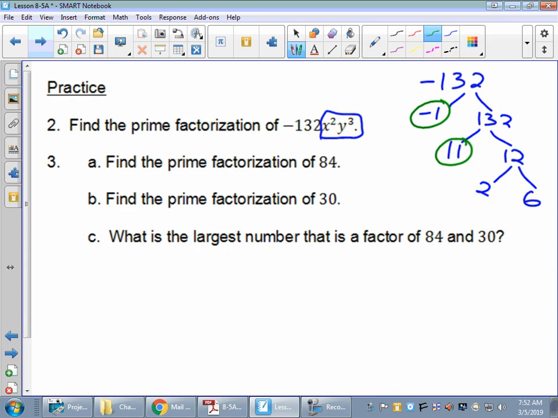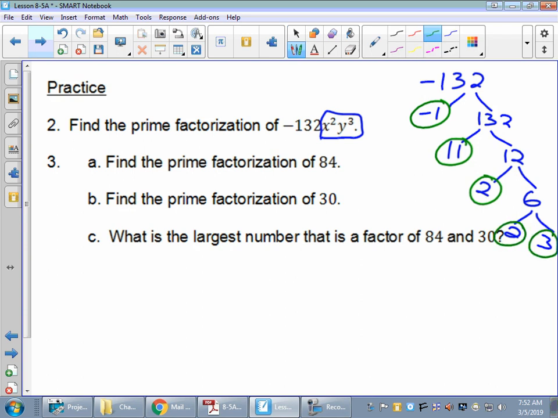It doesn't matter. If you went 3 times 4 here, you're going to eventually get the same result. I just went 2 times 6 because I know 2 is a prime number. And then finally, I can break down 6 into 2 times 3. And I have 2 more prime numbers here.